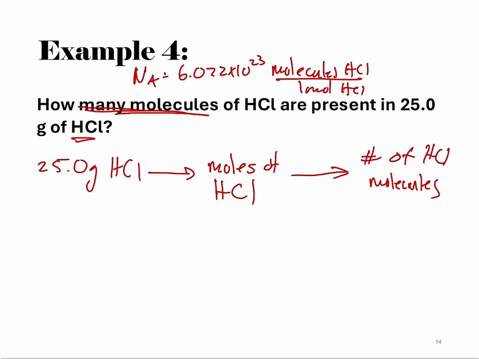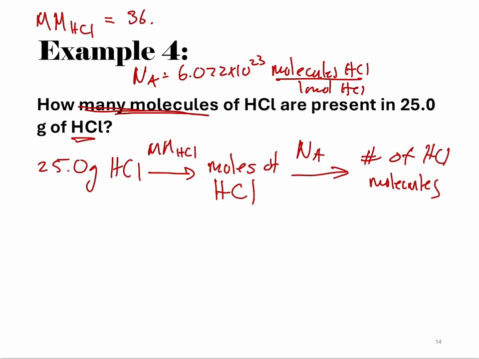And so how do we go from grams to moles? The molar mass, we're going to need to find the molar mass of hydrochloric acid. Then moles to grams or number, we use what? Avogadro's number, that's right. And so what is the molar mass of hydrochloric acid?